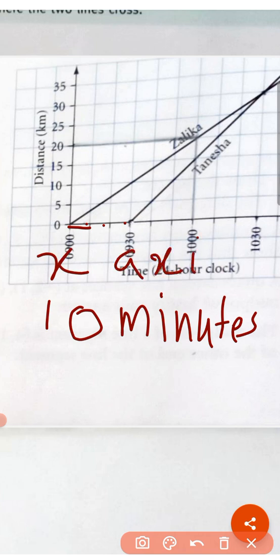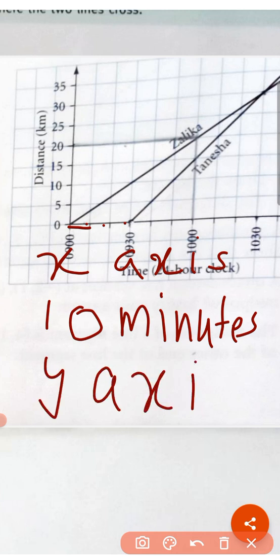And on the y-axis, the distances travelled are marked. On the y-axis, 1 unit is 5 kilometer, because the numbers marked are 0, 5, 10, 15, 20, etc. So the distance between each unit is equal to 5 kilometer.